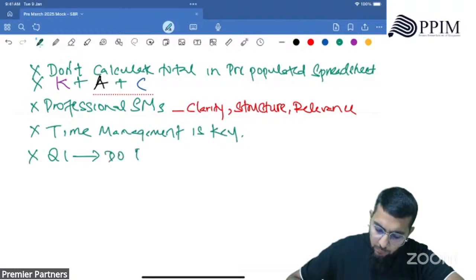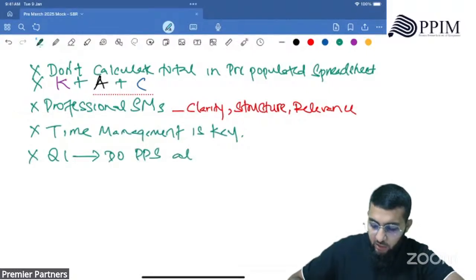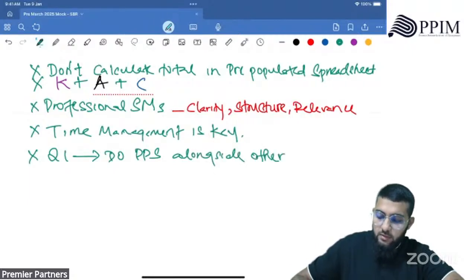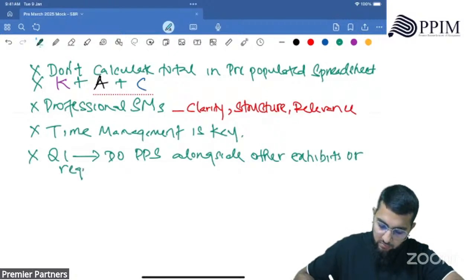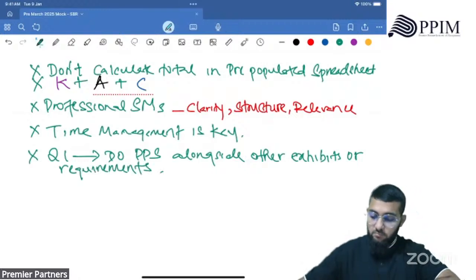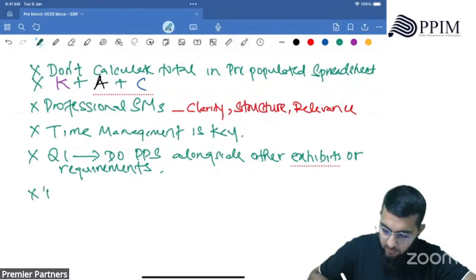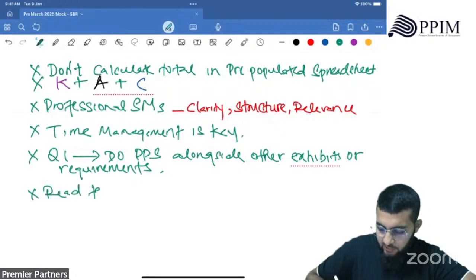Do the pre-populated spreadsheet alongside other exhibits or requirements. Okay? Read technical articles.